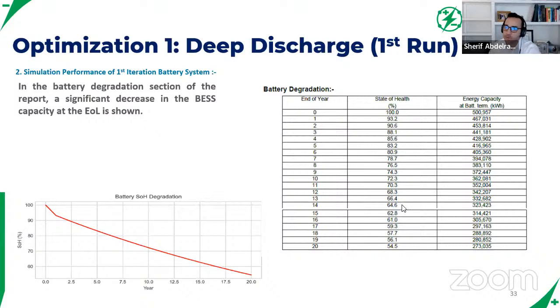We just defined that for this workshop across the board, but like I said, it differs from one battery OEM to the other. So this was the first run here.